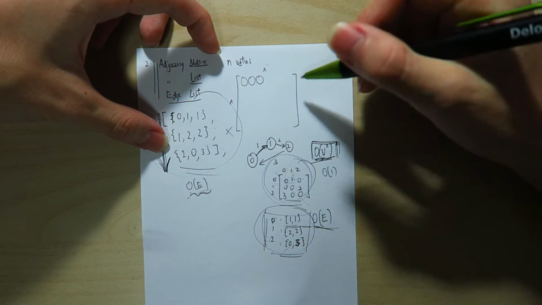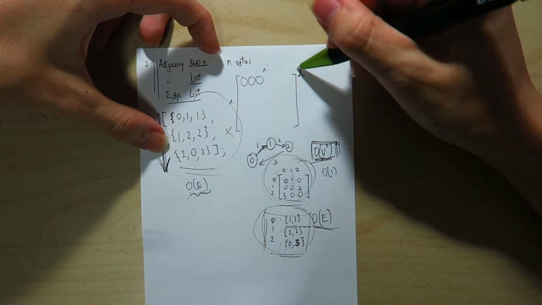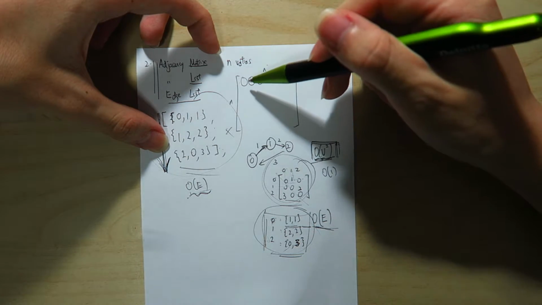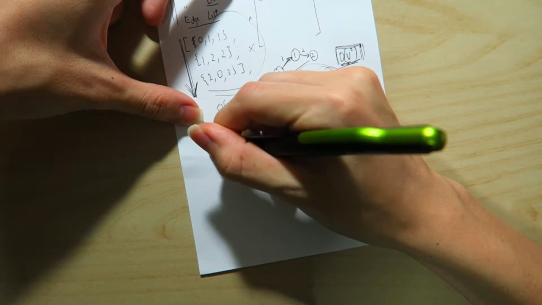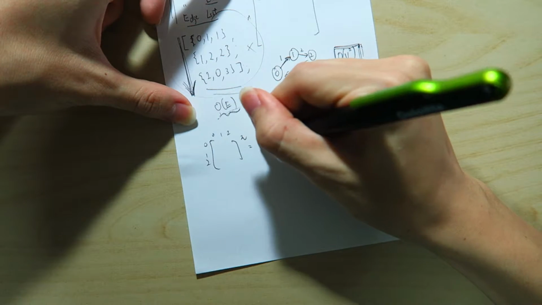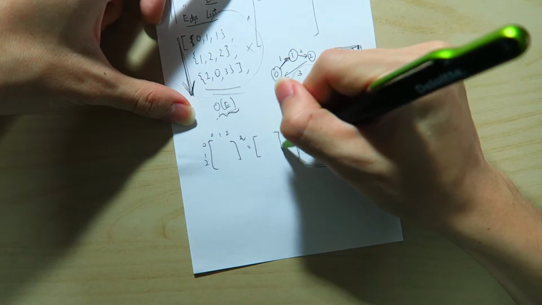Another thing about adjacency matrix is that if you square the matrix, you actually get information about whether two vertices are connected in a certain number of hops. So if this is 0, 1, 2, and I square the matrix, n by n matrix times n by n matrix, you still get back an n by n matrix.